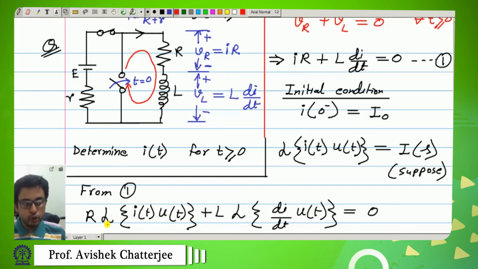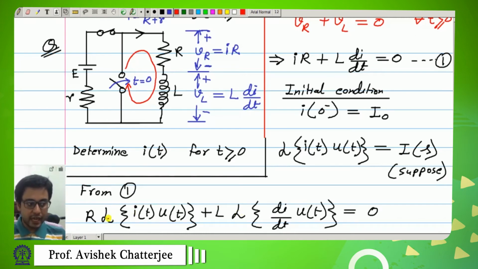We do not consider the full bilateral or two-sided Laplace transform. We don't do that. Now whether we can do that and solve it, that is a different question.